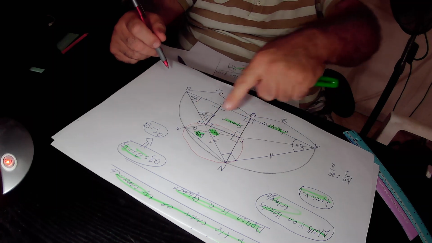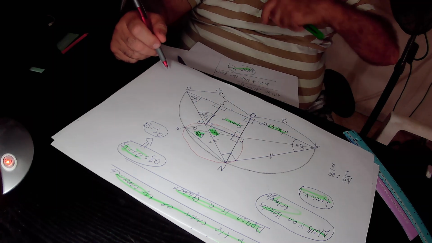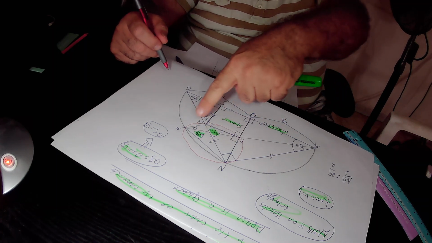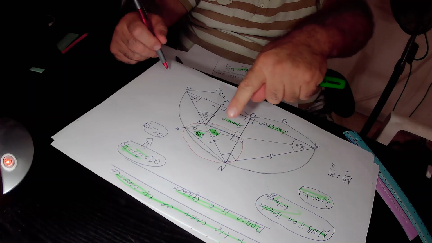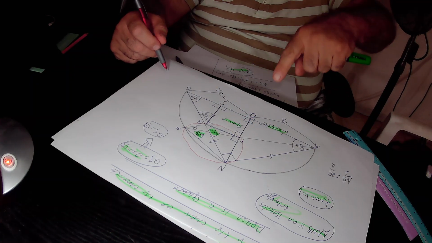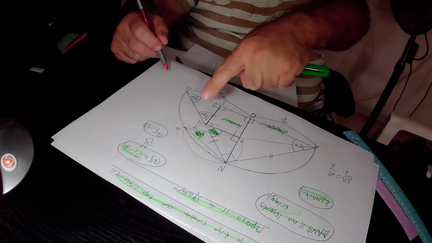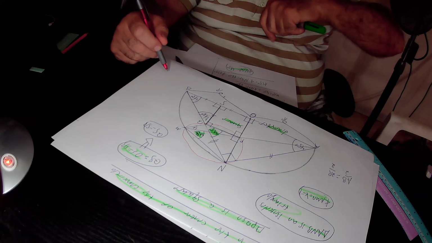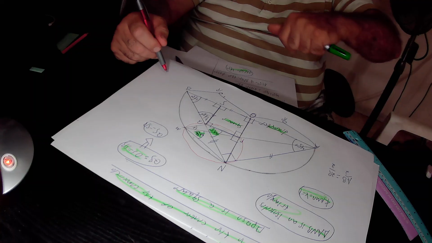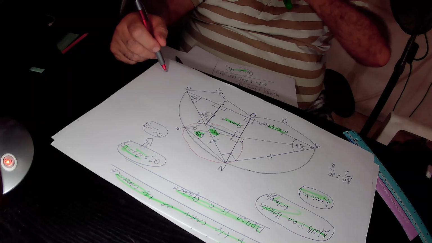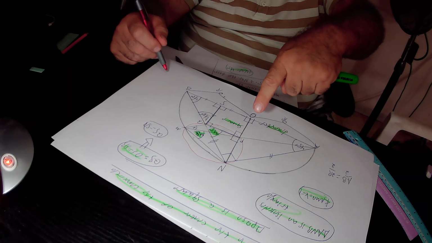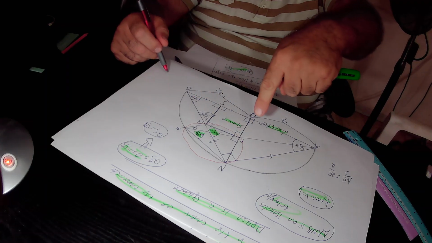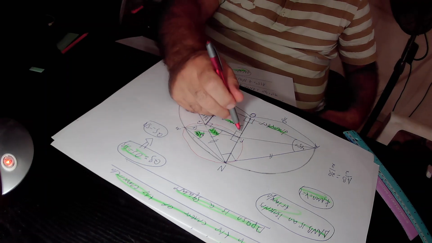So the red circle blocks this quadrilateral NMQP. Why does the red circle block this quadrilateral? Because all the four vertices N, M, Q, and P are located on the red circle. Therefore, quadrilateral NMQP is inscribed by this red circle.